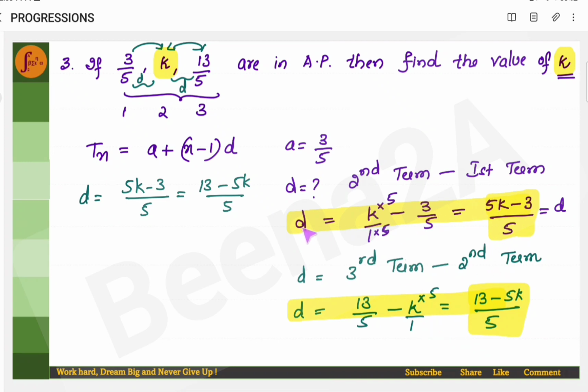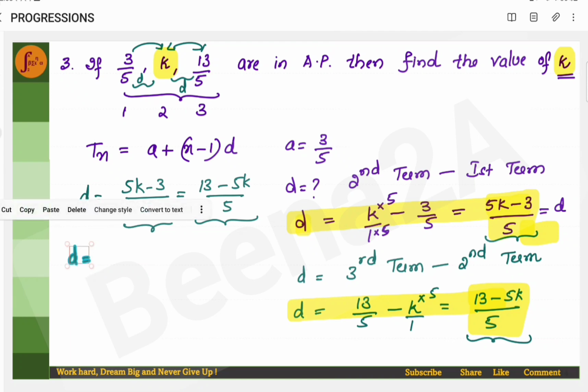So here you have D and D. This means the right hand side is equal. So (5k minus 3) by 5 should be equal to (13 minus 5k) by 5. This entire thing should be equal to this entire thing, right? That's what we have done here. We have equated both of these.